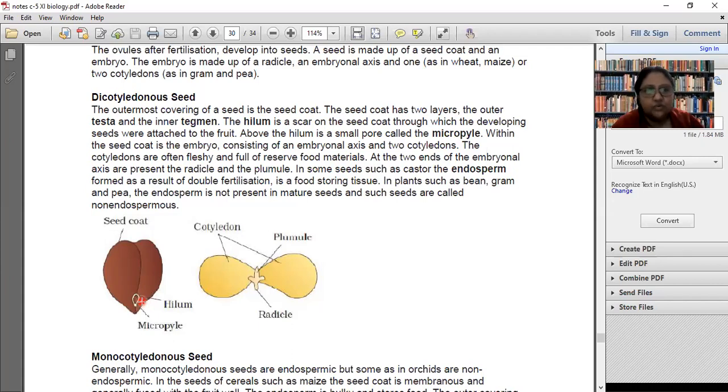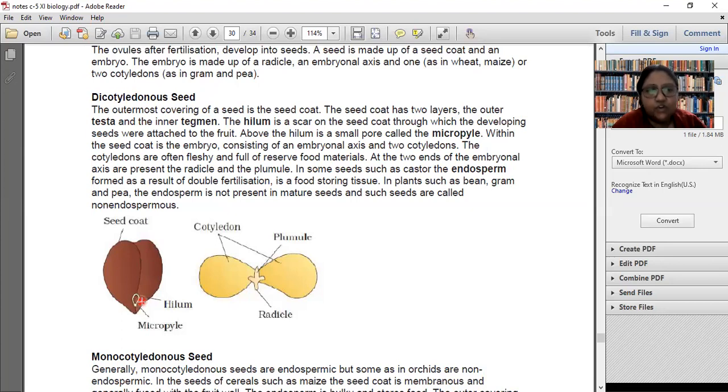Okay. So there are two types of seed. One is called endospermic seed, where the endosperm is present, and there can be non-endospermic seed where the endosperm is not present, because it is consumed totally by the embryo.